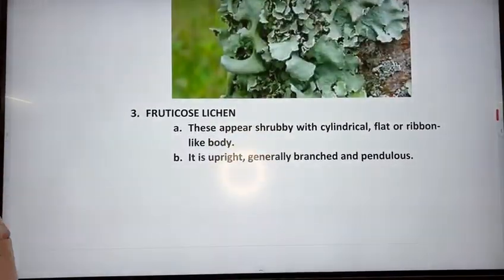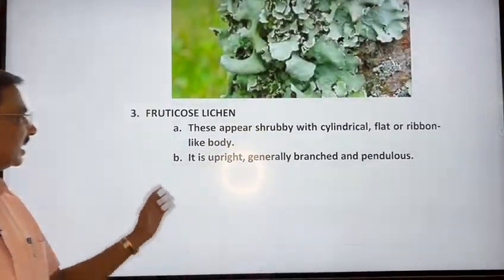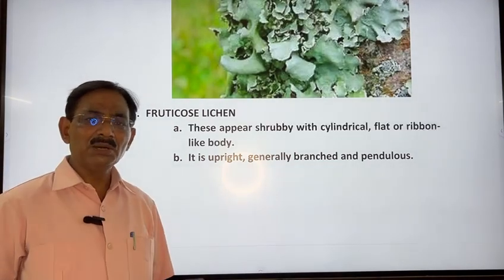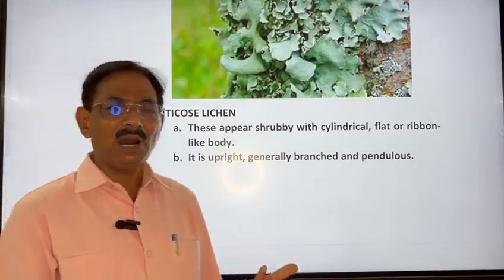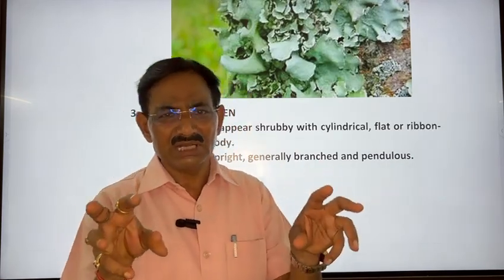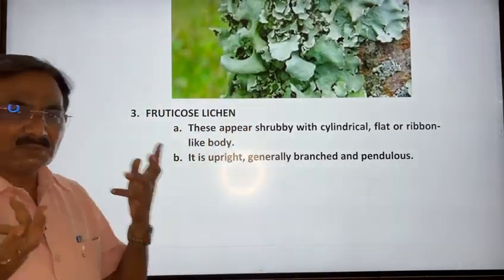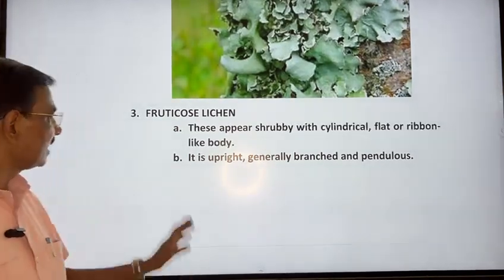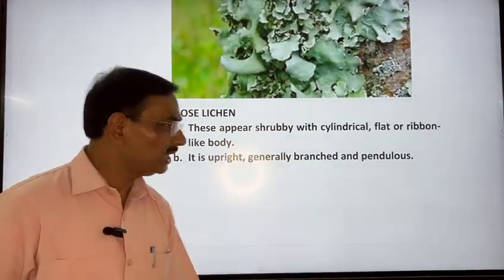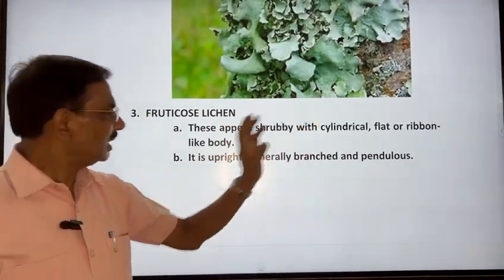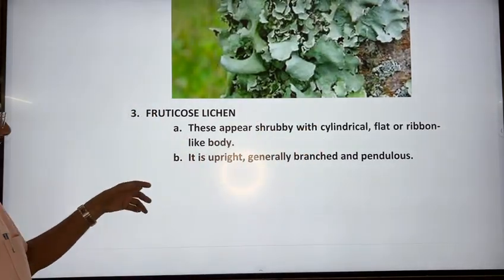Now, the next type of lichen is fruticose lichen. As the name indicates, fruticose lichens are a highly advanced type of lichen. They form fruiting bodies on their surface, so they are called fruticose lichens. These lichens appear shrubby with a cylindrical or flat ribbon-like body.